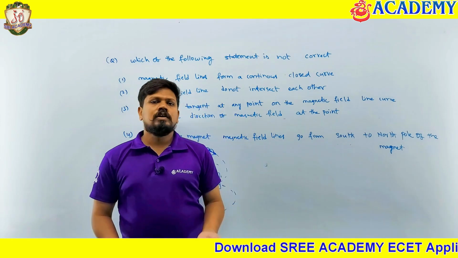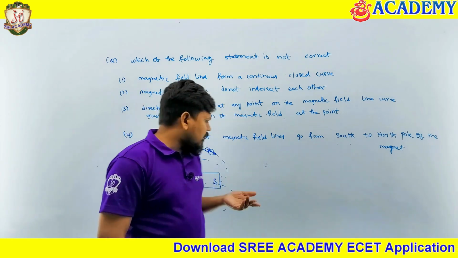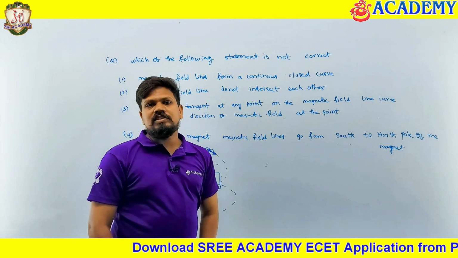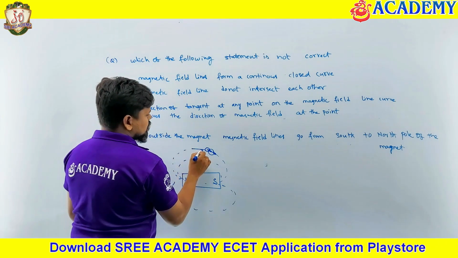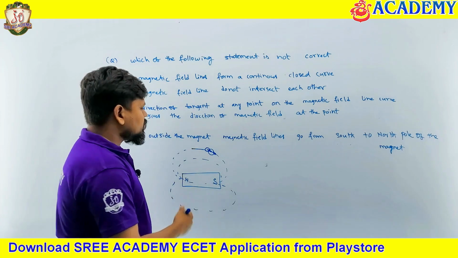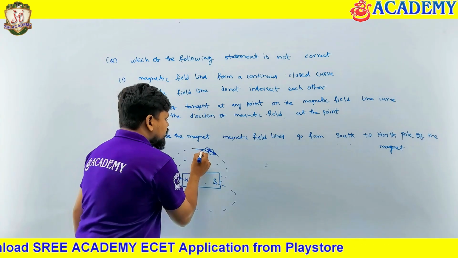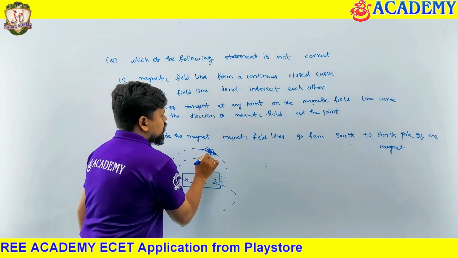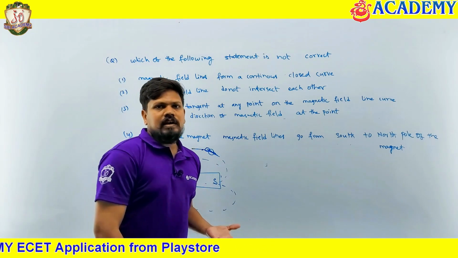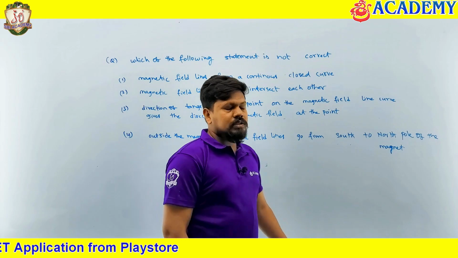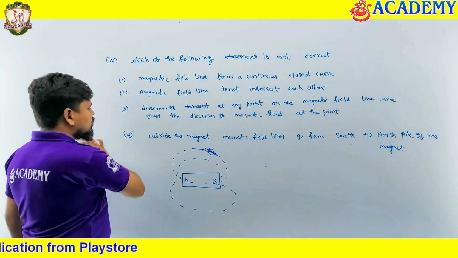The arrow is nothing but the tangent. Then next point, again next point, if you add all these points, then you will get the magnetic field lines, otherwise the flux lines, same only. So the third option is also correct only.